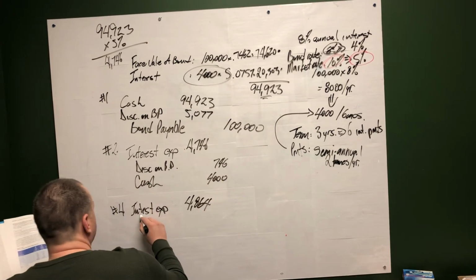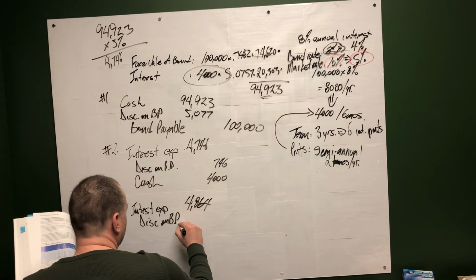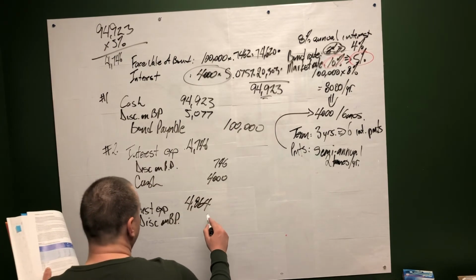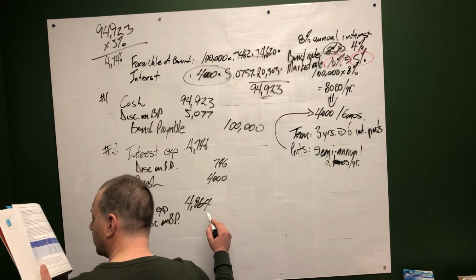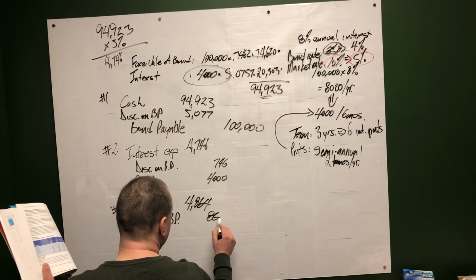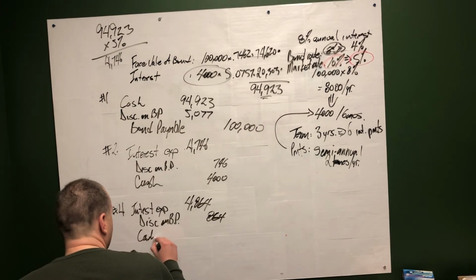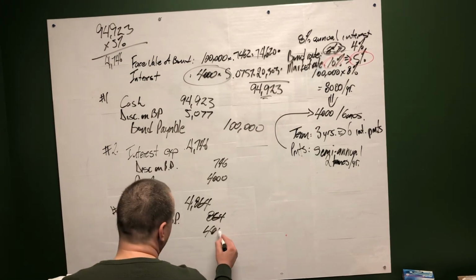The discount on the bond payable is, in this case, now $864. And our cash payment is $4,000.